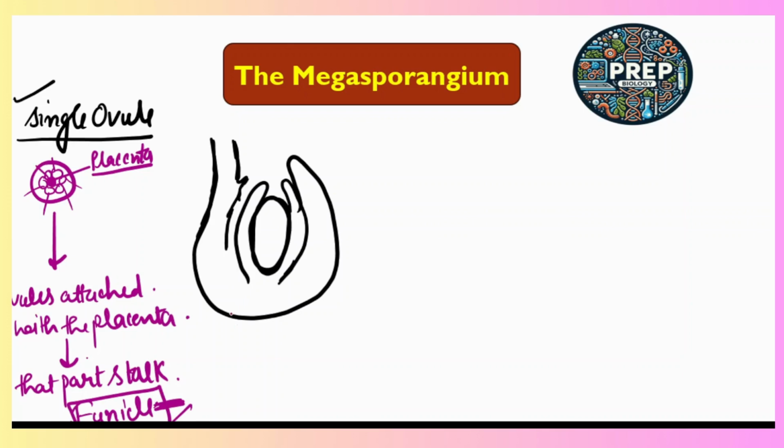The ovules are attached to the placenta with which part? Funicle. So if this is the structure of a single ovule, this stalk is called the funicle that joins the ovule with the placenta. I hope this part is clear to you all.